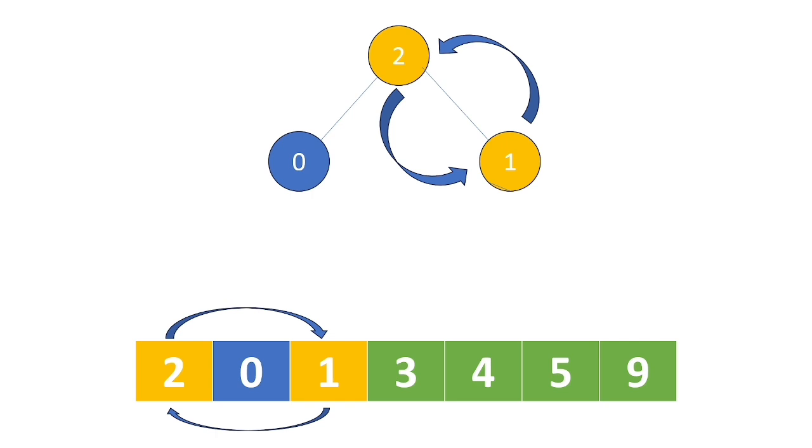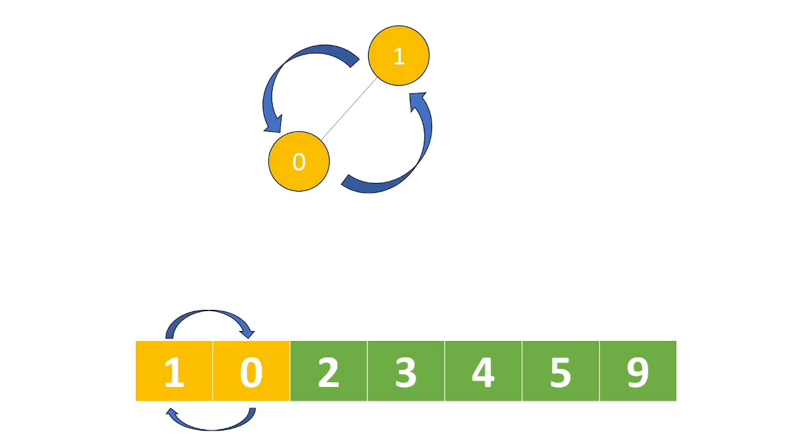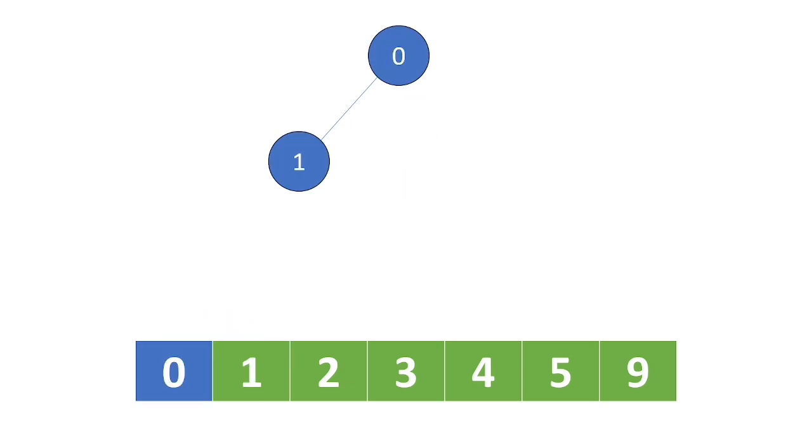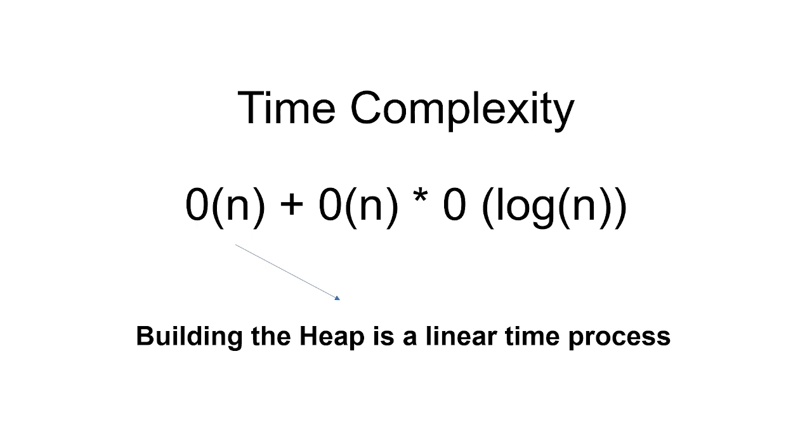Now we swap the largest element and the root element again. And now we will ignore the sorted element of the array. Now there is one element left in the heap. It just means that the array is fully sorted.